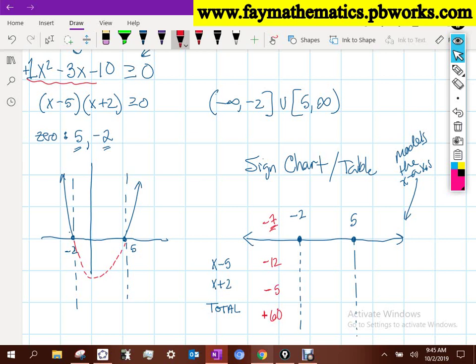Okay. Now, here's the thing. Blaze had us choose -7. You might have chosen -10. Somebody else might have chosen -100. Any number that is negative, to the left of -2, is x minus 5 going to be a negative amount? Choose any number to the left of -2. Is x minus 5 going to be negative? Yeah. Okay. Is x plus 2 going to be negative? Yes. If I multiply those together, and why am I multiplying those together?